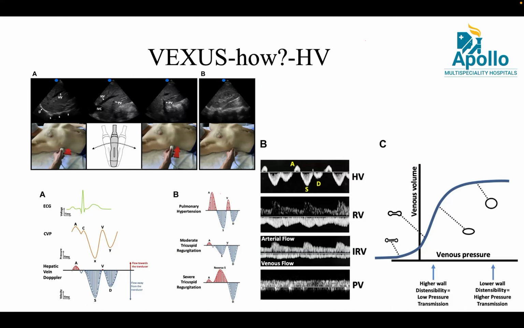Similarly, if you look at the portal vein and the renal veins, the increased pulsatility is what is abnormal. Now look, conceptualize this thing. Supposedly you have a heart which is distended, and you have an increased RA pressure. The more distending pressures will get transmitted to the veins.